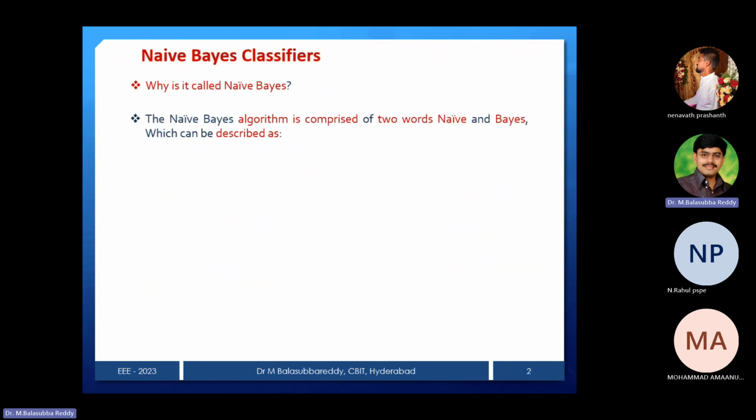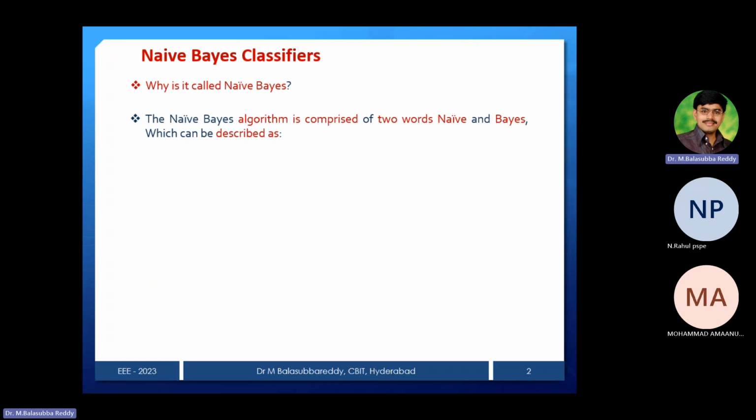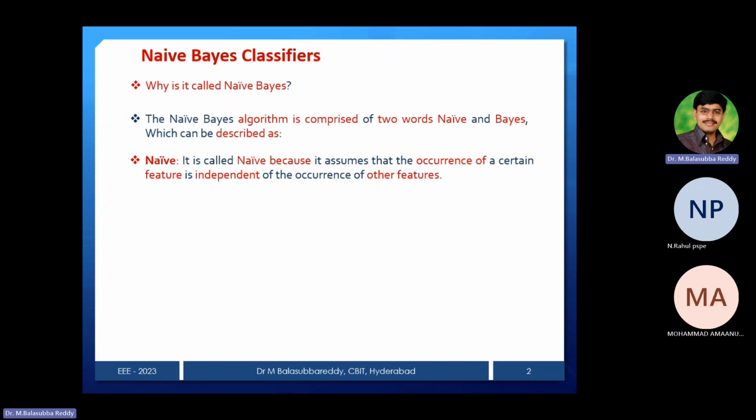Why is the name called the Naive Bayes algorithm? Because this algorithm is comprised of two words: one is Naive, another is Bayes. Naive means it is assumed that the occurrence of certain features is independent of the occurrence of other features.